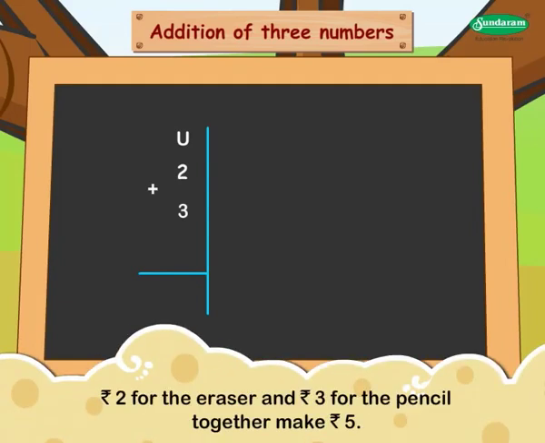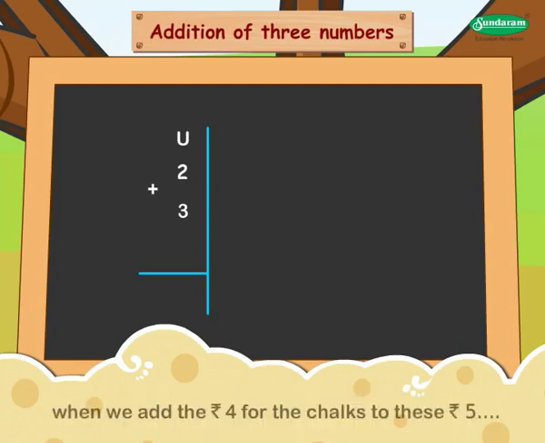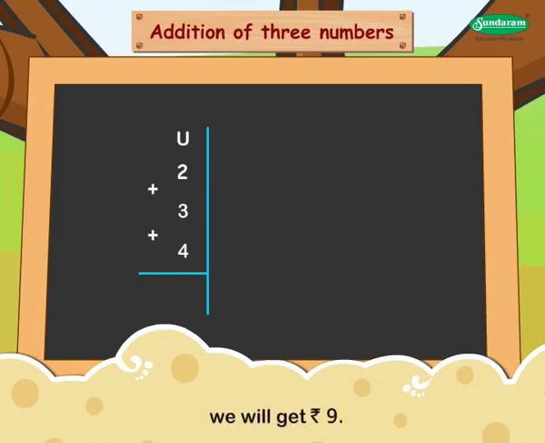Rupees 2 for the eraser and rupees 3 for the pencil together make rupees 5. When we add the rupees 4 for the chalks to this rupees 5, we will get rupees 9.